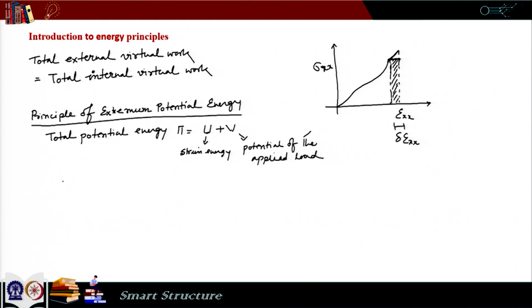Now, for this problem, if I want to look at the expression for the total potential energy, this comes to be this: Pi is equal to half integrated over the volume sigma xx multiplied by epsilon xx, half into stress into strain for all the components.